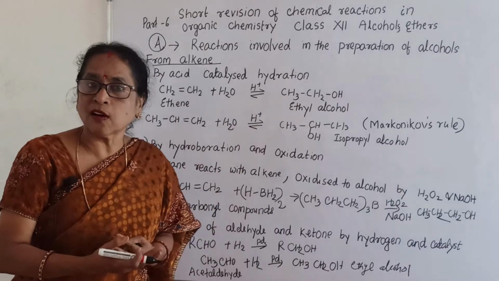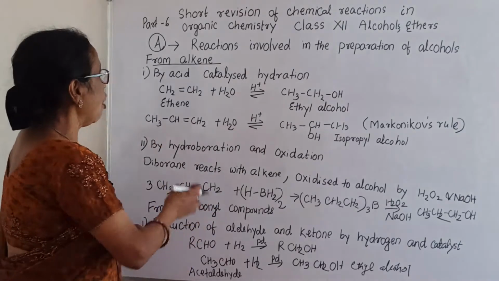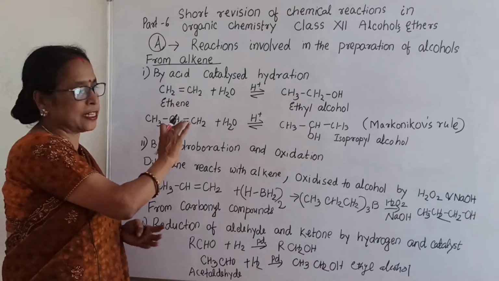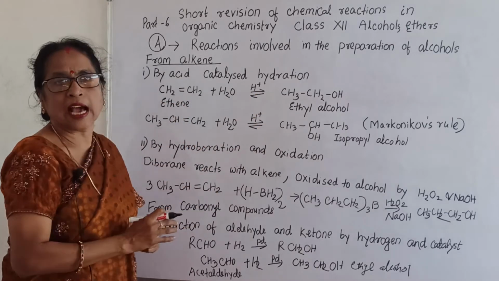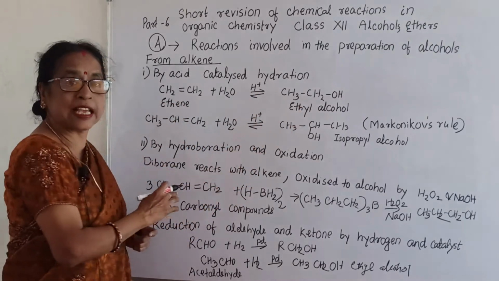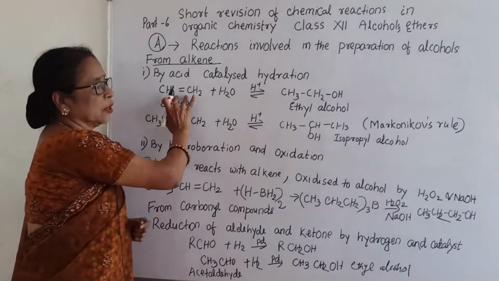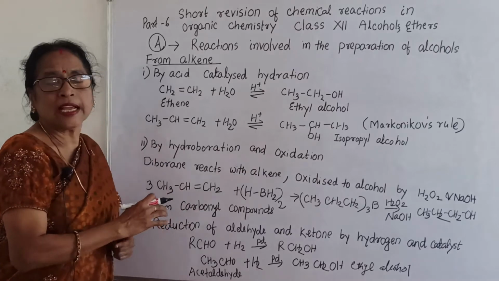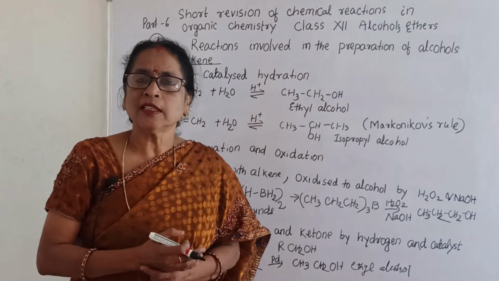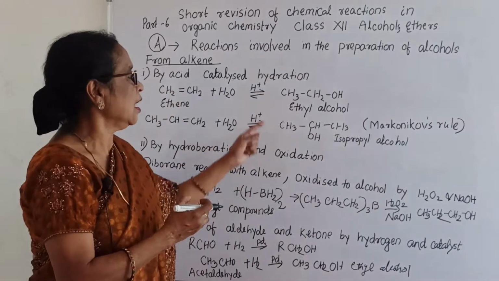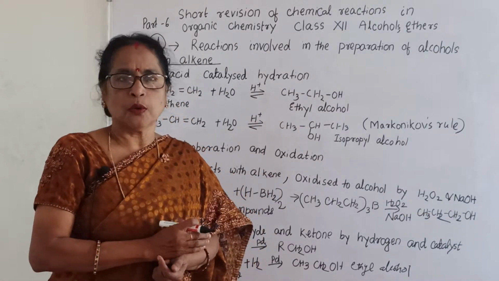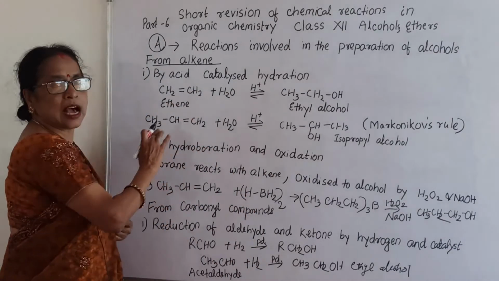What type of alcohol? You see how many carbons are present, and the alcohol contains the same number of carbons. Since there are two carbons, the product is ethyl alcohol, whose formula is CH3CH2OH. This is a symmetrical alkene.